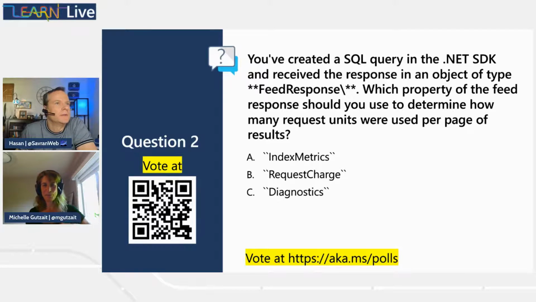You will probably see similar questions like that if you are going to take the Cosmos DB certification. So it's important to read the details because I took some of those certifications, and they can be really tricky.